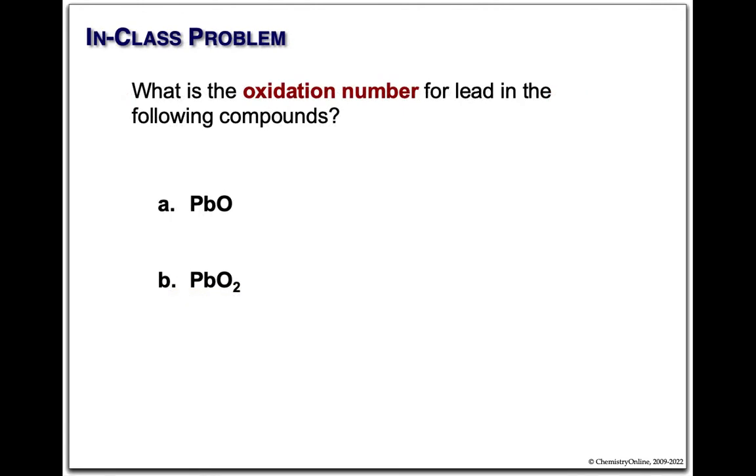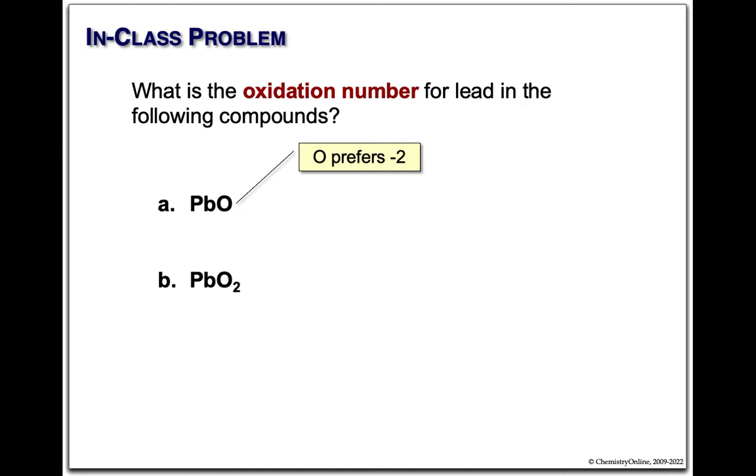So, here we have PbO, lead oxide. You look at this and you're trying to figure out the charge on the lead. What we just saw said that oxygen is going to be a minus 2.